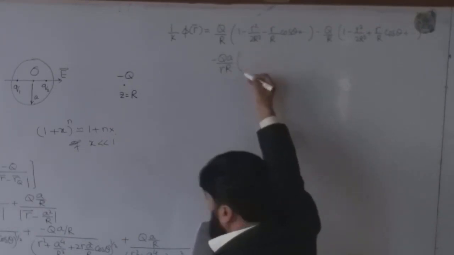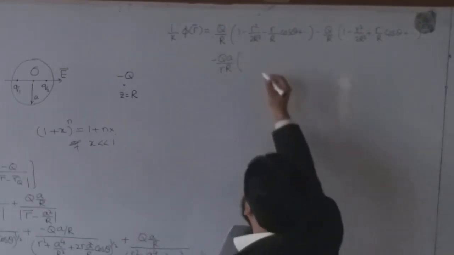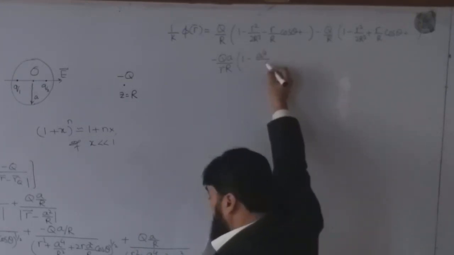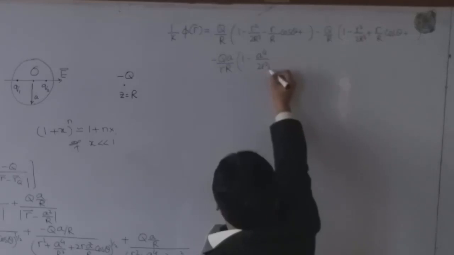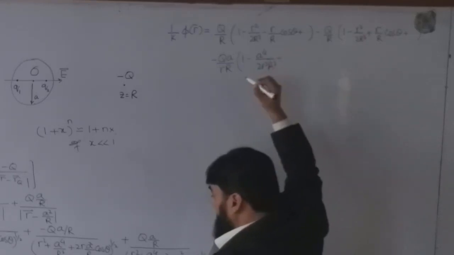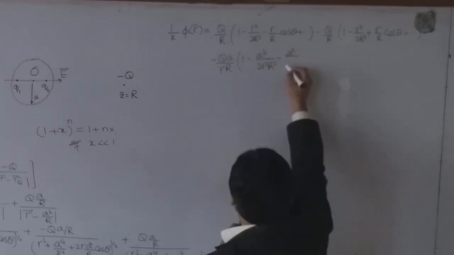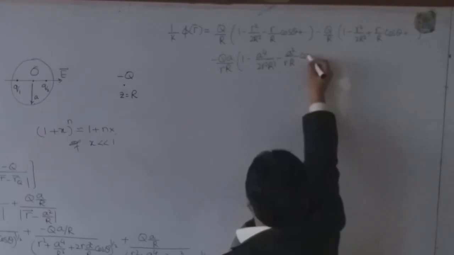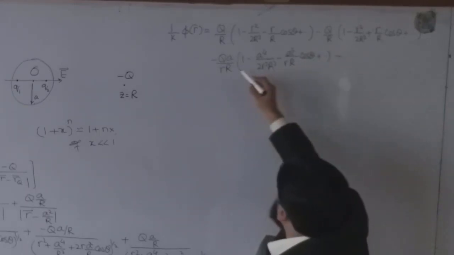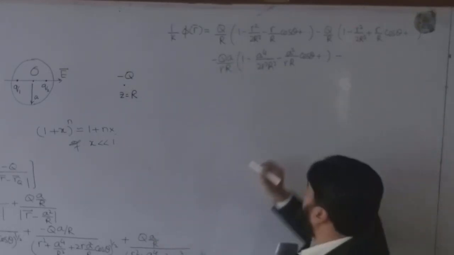And then the rest of the relation, which is equal to 1 minus a4 over 2r square and minus a square over r cos of the angle, and then as this was minus, the next term is plus.